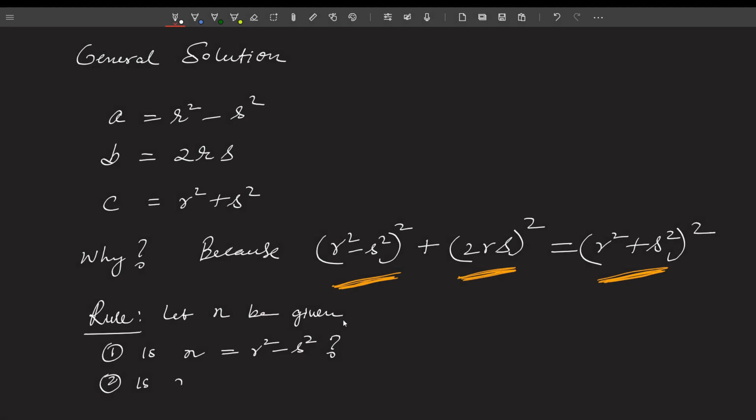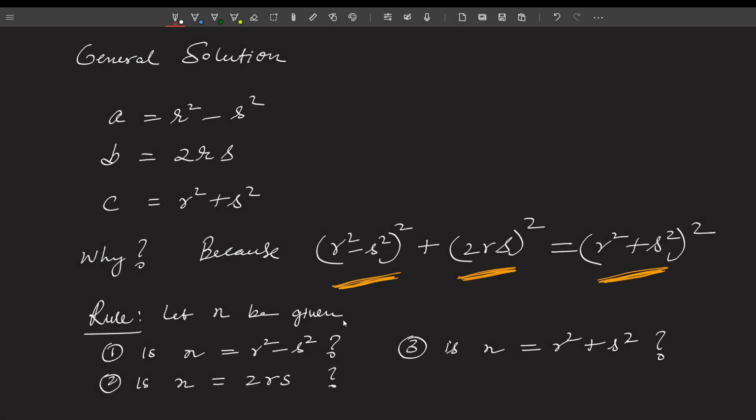Number two, check if n can be written in the form twice rs. And number three, check if n can be written as the sum of two squares, r squared plus s squared. If any of these three or more than one of these three options is possible, then we have a solution.